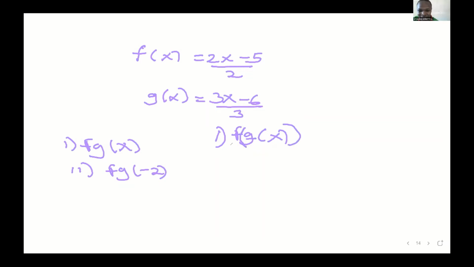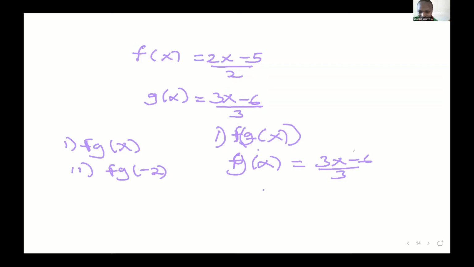Therefore, you first find the function g of x, which is already given to us: g of x is 3x minus 6 out of 3. This function g of x is the one that will go into the first function, which is f.